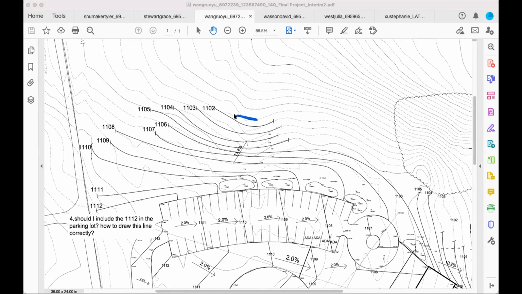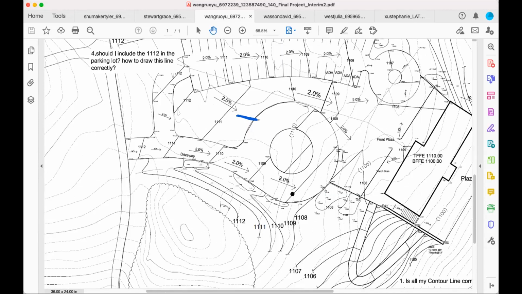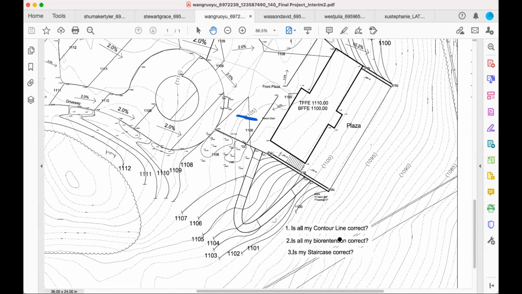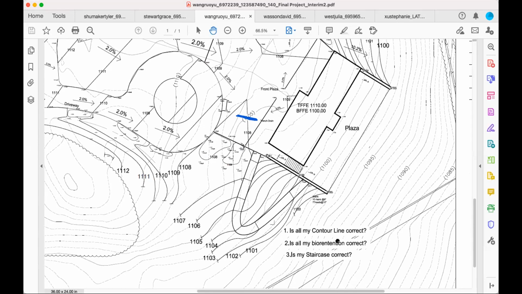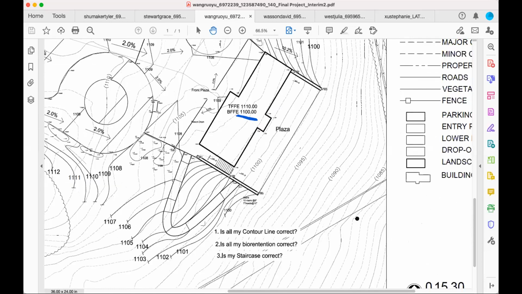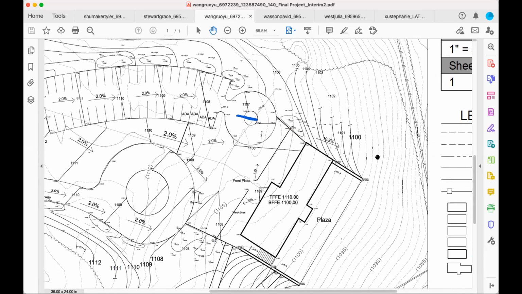So make sure that those distances are okay. Otherwise, I think the principles are well understood. It's just the drawing needs a lot of work.